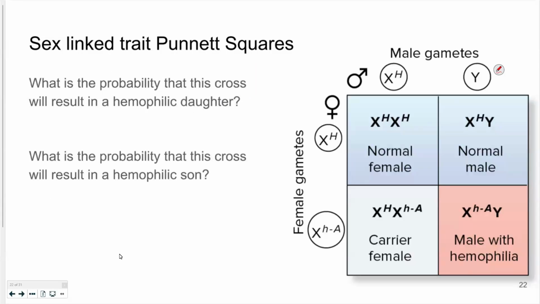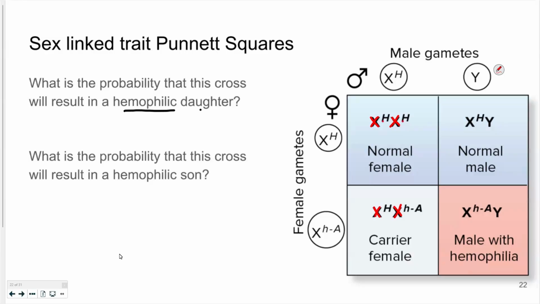So now that we have this filled in, we can ask these questions. What is the probability that this cross is going to result in a daughter that has hemophilia? We are going to look at the daughters, the biological females that have 2 X chromosomes, and see if there are recessive traits on both X chromosomes.